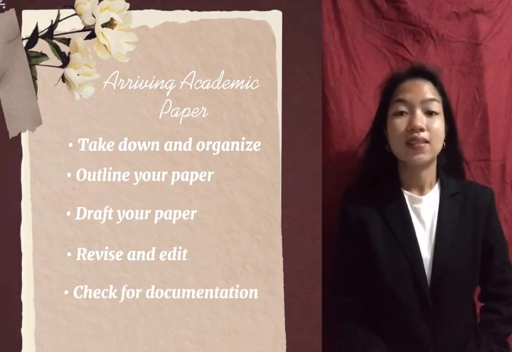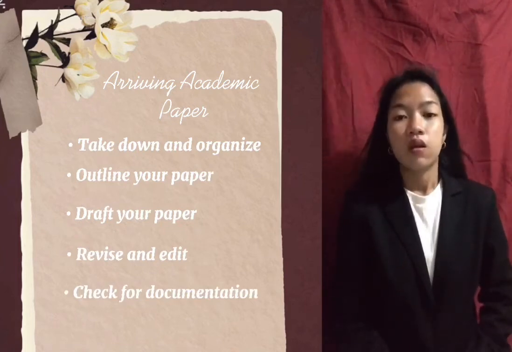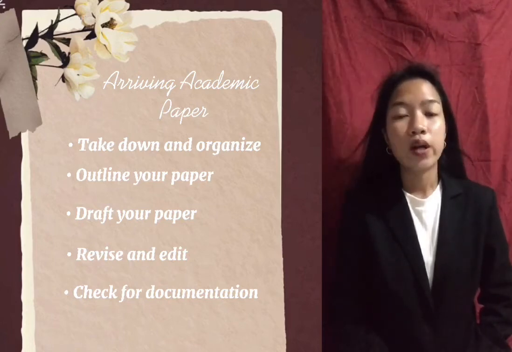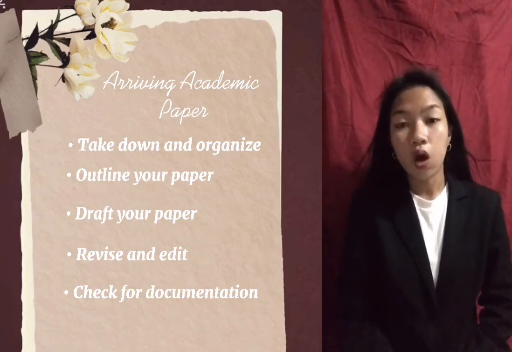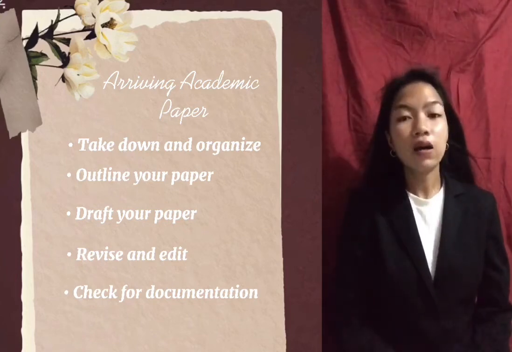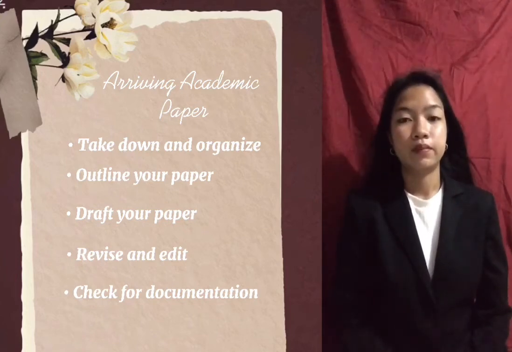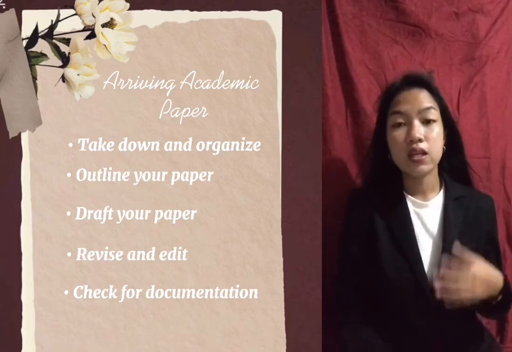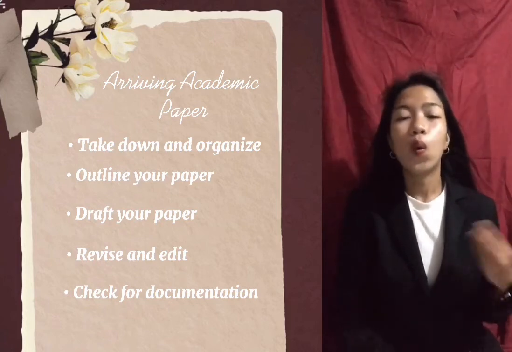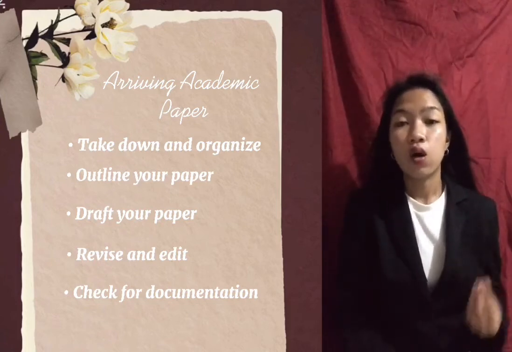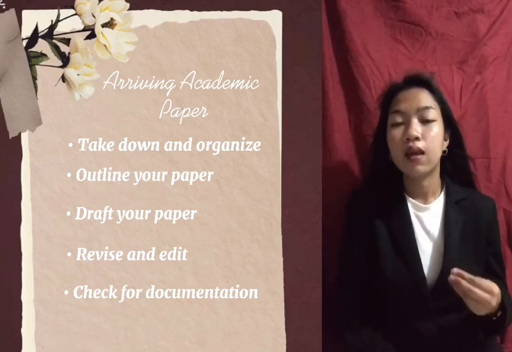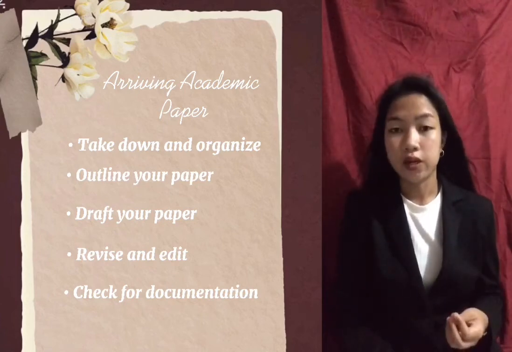So next is take down and organize. You must take down the sources and ideas before they're gone and organize it all so that it will be easy to understand. Outline your paper. So outlining is where you get to see the flow of your topic or what your paper is all about, and this will serve as a guide and the skeleton of your paper.